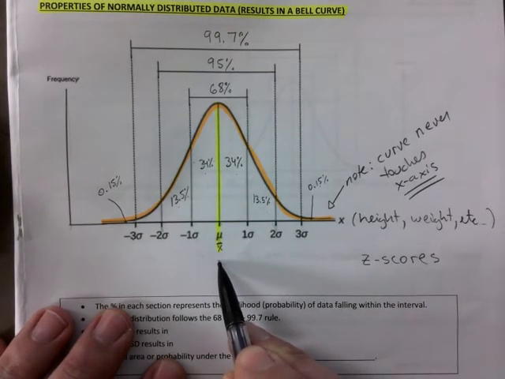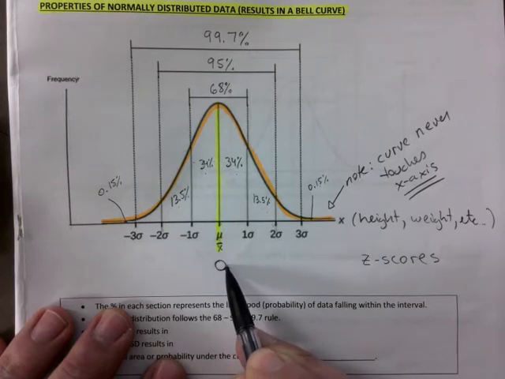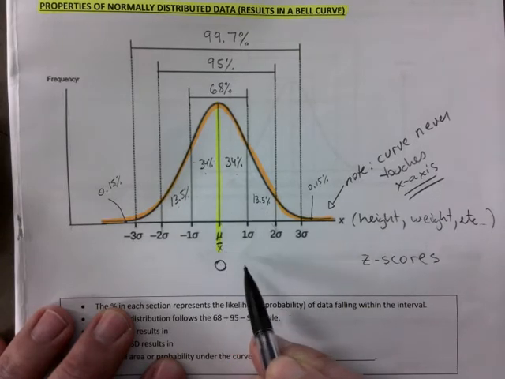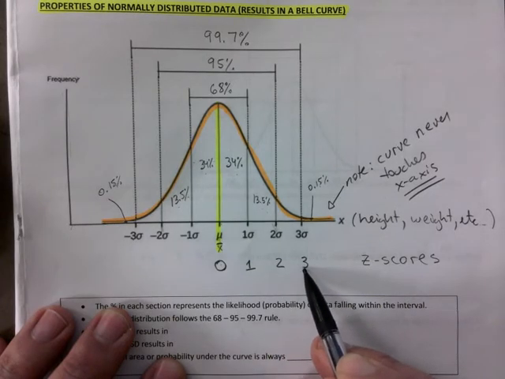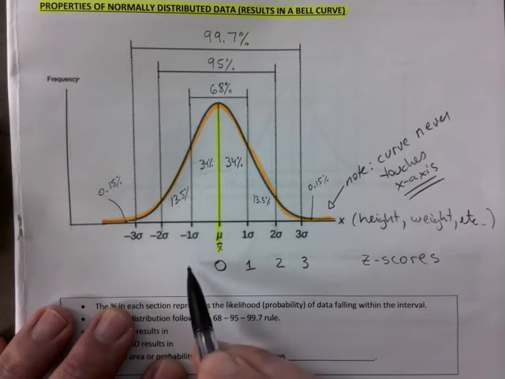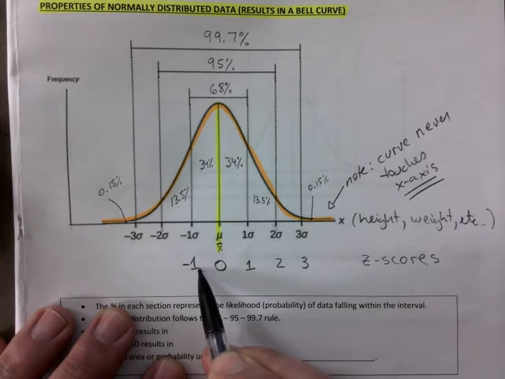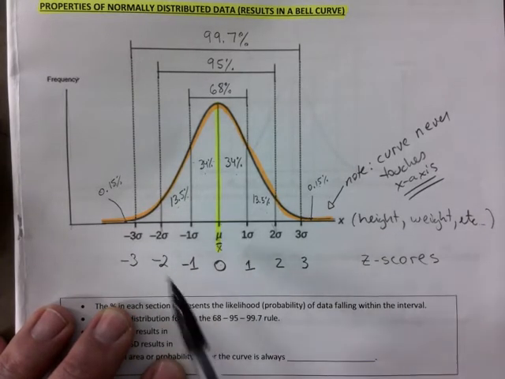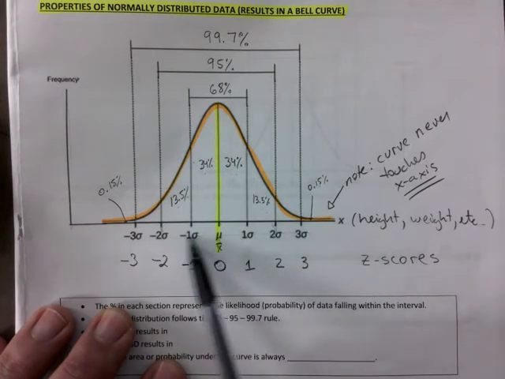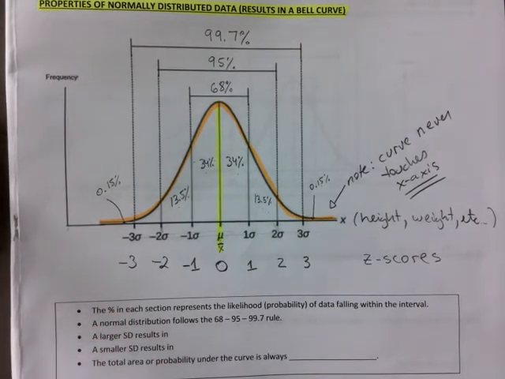So when we have z-scores, we start with 0. 0 goes with the mean, and then it's just 1, 2, 3, and going to the left, we have -1, -2, and -3. These heights that you have here will actually have their own separate z-scores. Trust me, it'll all make more sense to you later. For now, just write it down, okay?